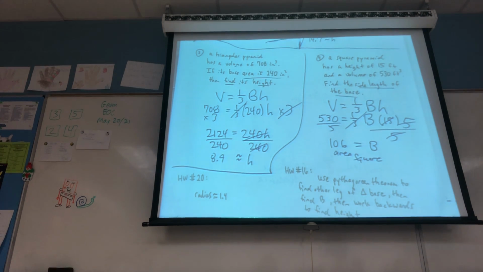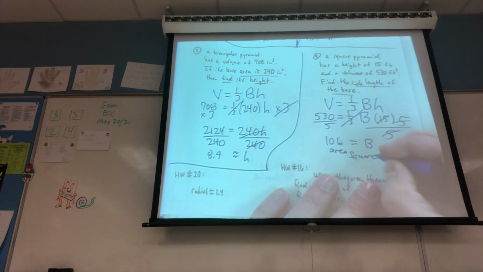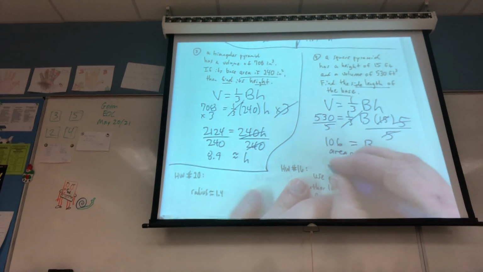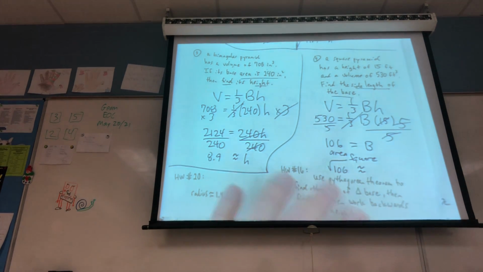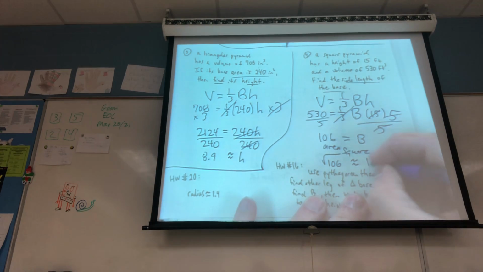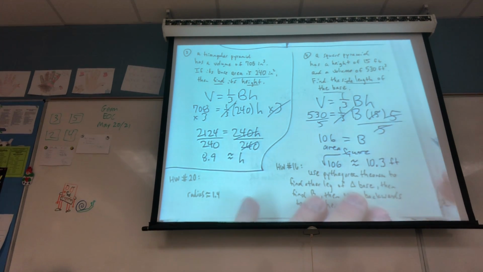Right, square root it. Don't divide by 2, square root it, because it's the side times itself. So square root the 106, and we can round that to get what each side of the square is. Should be 10 point something, 10.3-ish. And it looks like that is in feet.